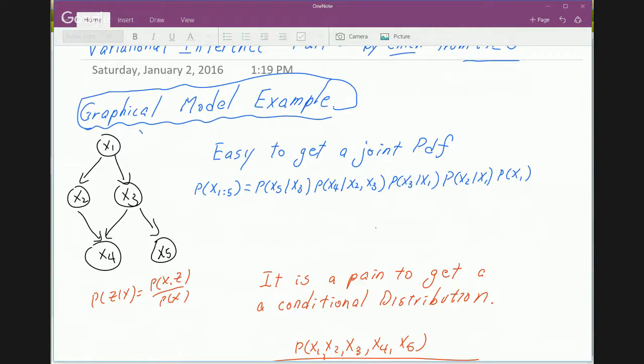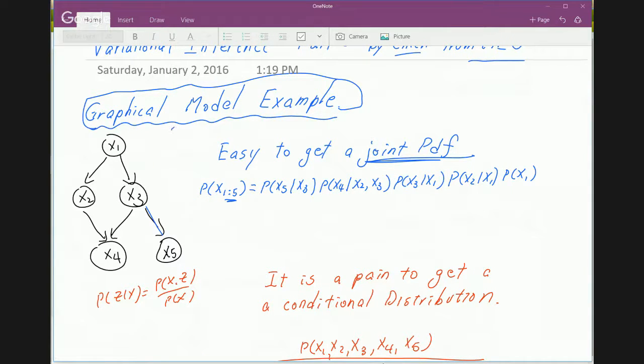So if this is the graphical model, and these arrows denote dependency, and you want to find the joint PDF, like the probability of x1, x2, x3, x4, x5. It's just convenient to write 1 to 5, but they're the same thing. All you have to do is look at the graphical model in terms of its dependencies.